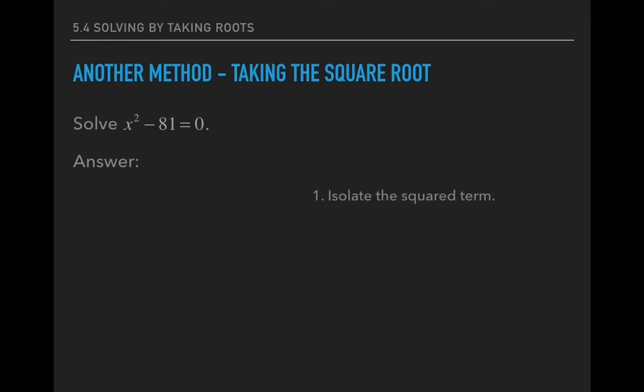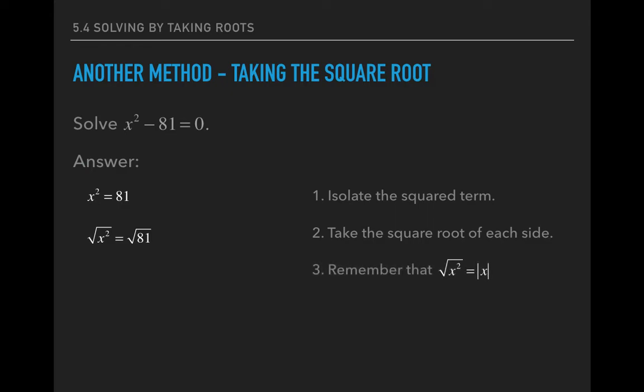To do this, we'll first isolate our squared term by adding 81 to each side. Then we'll take the square root of each side, square rooting x squared and square rooting 81. Now this I wrote down as remember, but it might be brand new to you. You may not have seen this property before in Algebra 1.